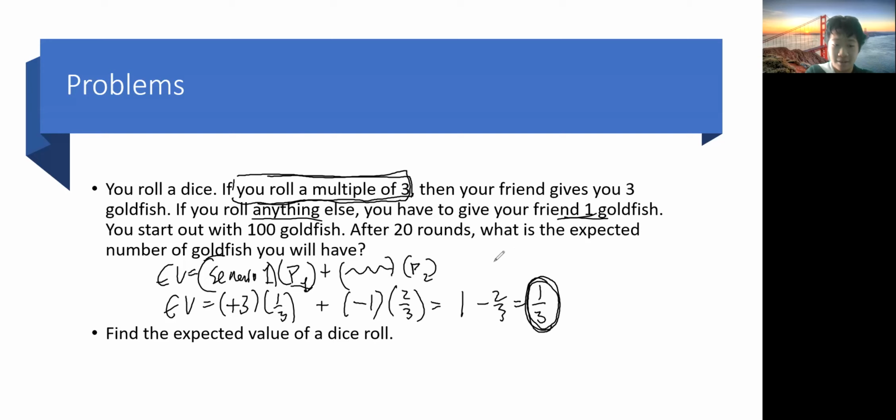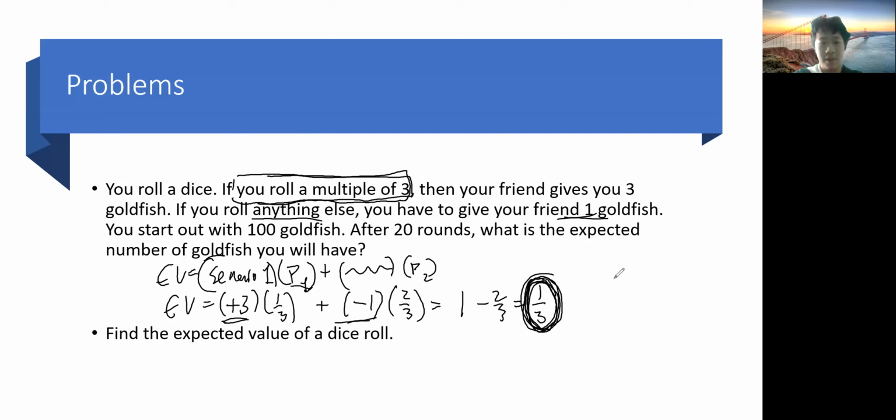This is the expected gain, because I'm considering the changes in the amount of goldfish I have. I get +3 or -1, but this is the expected change in the number of goldfish I have. After 1 round, the expected change is 1/3. I gain 1/3 goldfish.